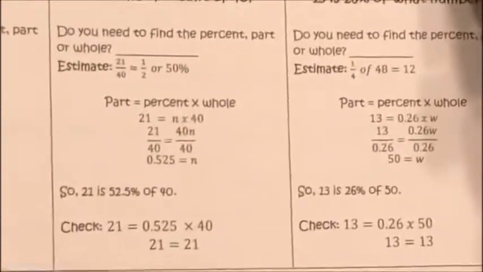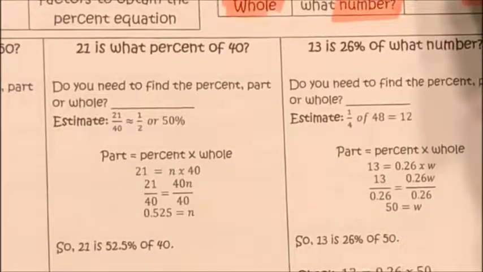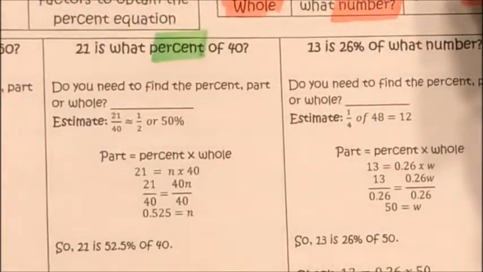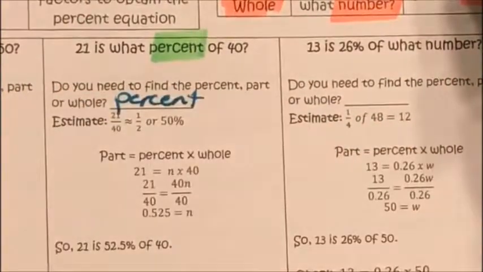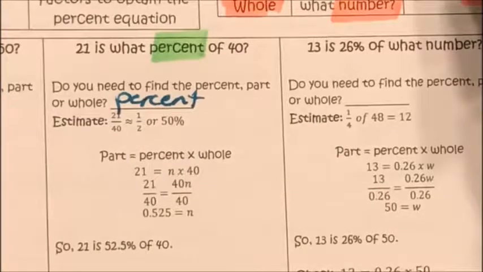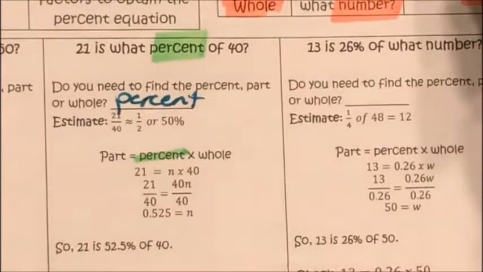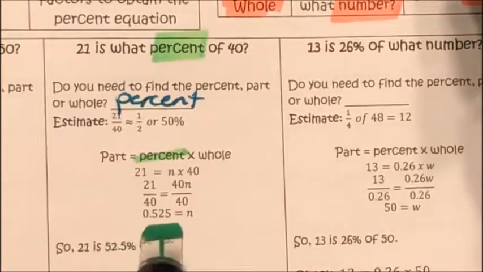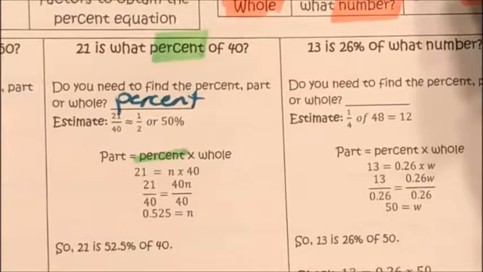So the next one says 21 is what percent of 40? Okay, so for this one it says percent, so I know I'm looking for percent. So part equals percent times whole. 21 equals N times 40. Okay, so I divide both sides by 40 because I was multiplying here. They cancel each other out.